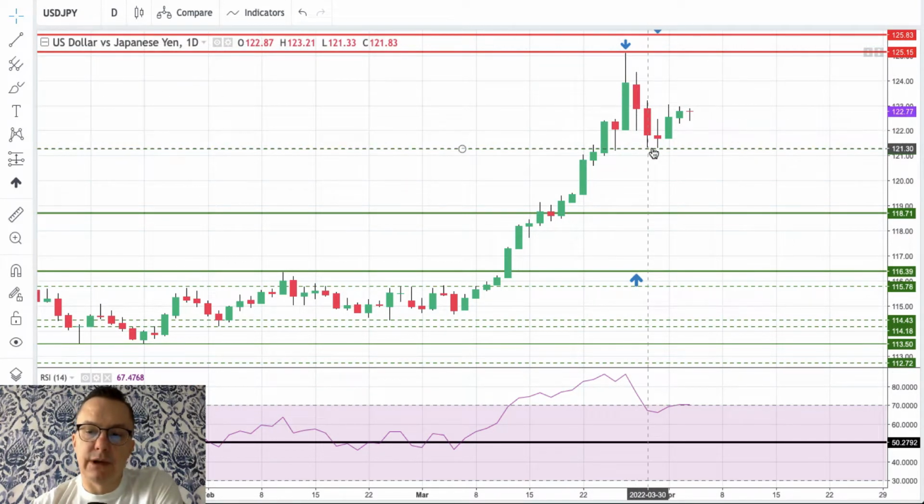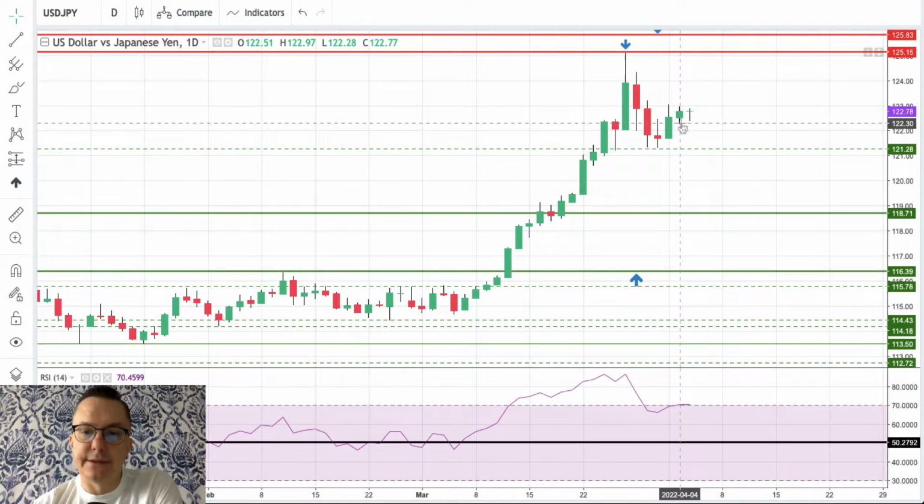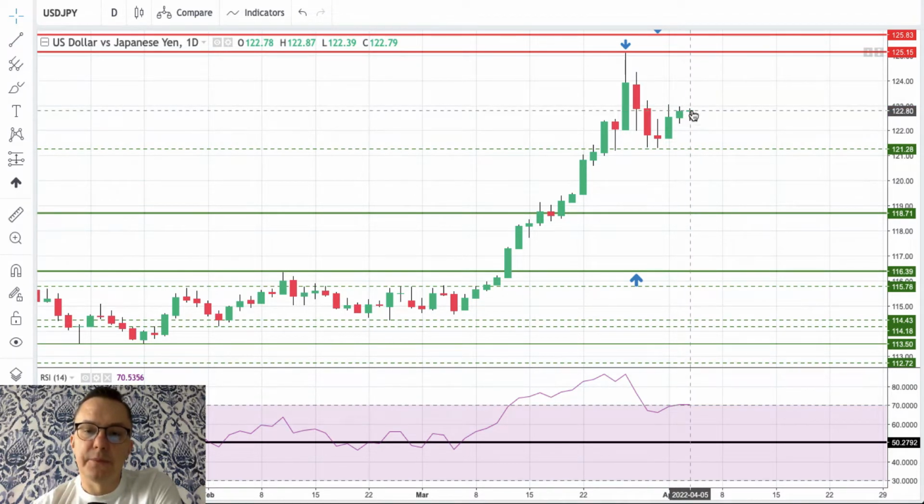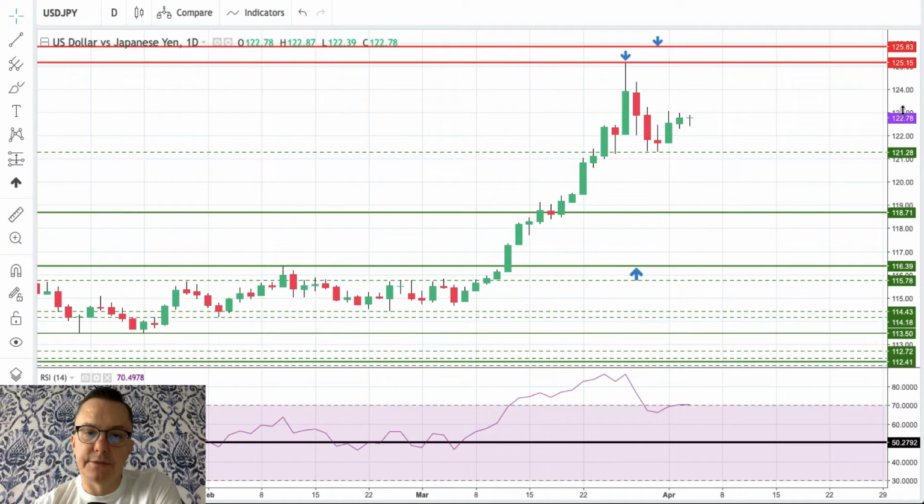We got a pullback to 121.28. And recently the market started to consolidate these gains. We have a bounce, then a very narrow range on Monday, and today it looks like there is no impact from the crude oil so far, and the range is still very tight.